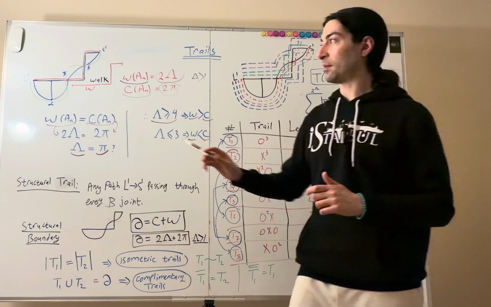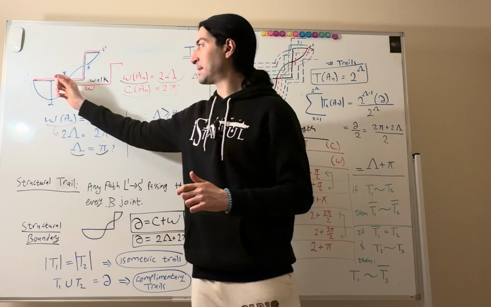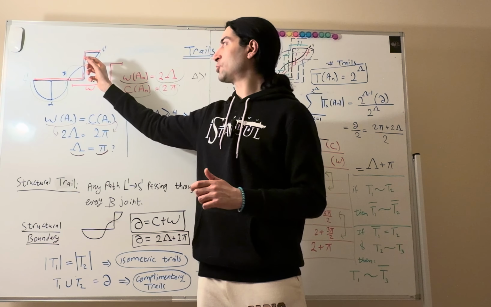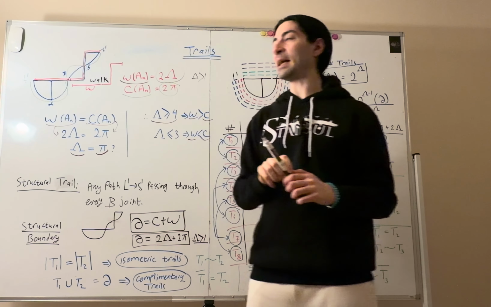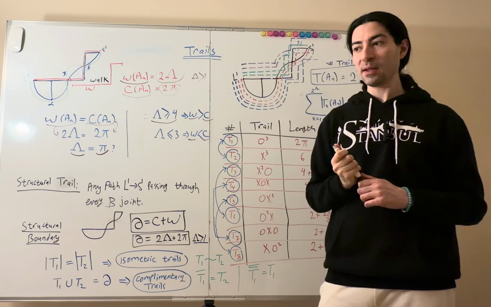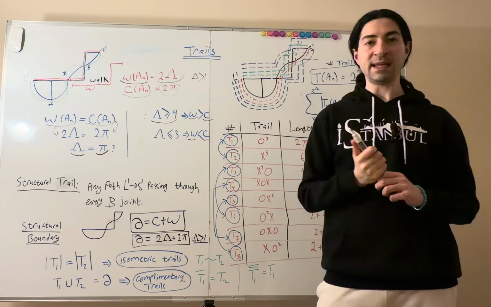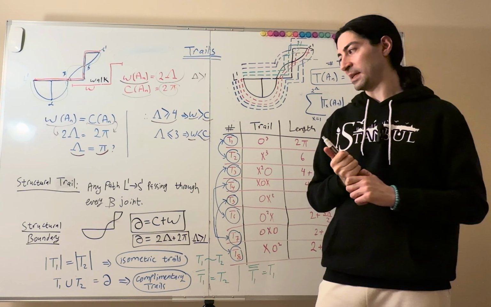So any path that starts at L prime, passes through all the beta joints, and then ends at S prime, then we call that a trail of the sectoral structure.